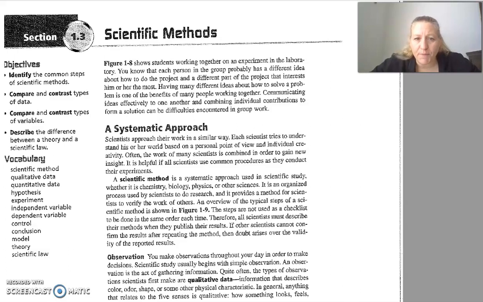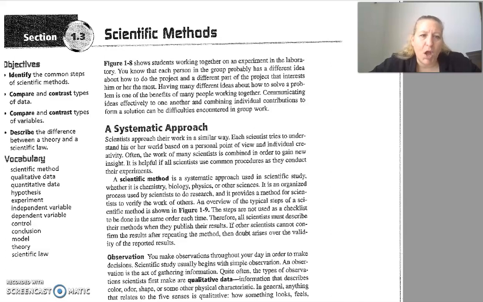So today we're going to identify the common steps of the scientific method, compare and contrast types of data, compare and contrast types of variables, and describe the differences between a theory and a scientific law. Here's your vocabulary that we're looking for, and you might want to pause and write these down in your notebook as we go through.